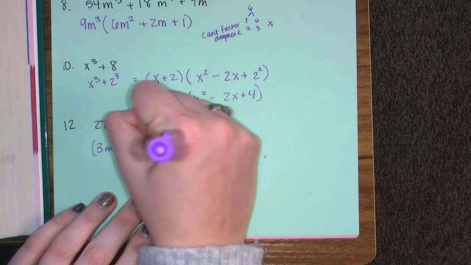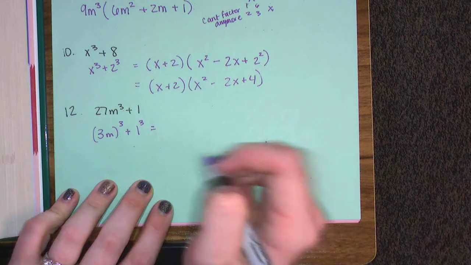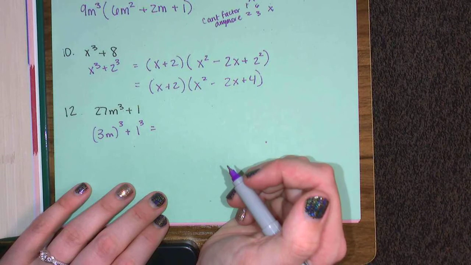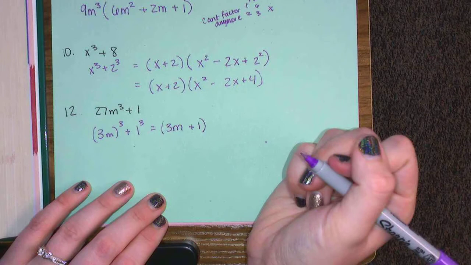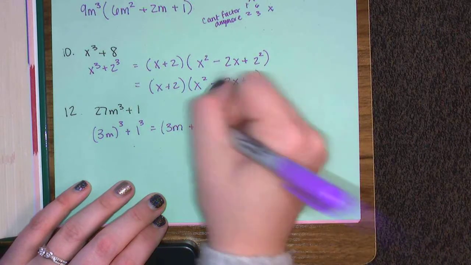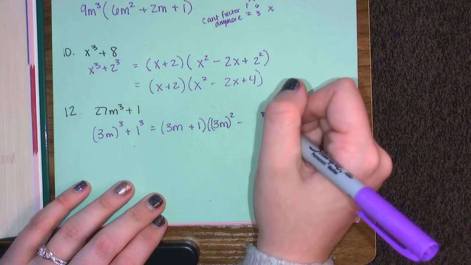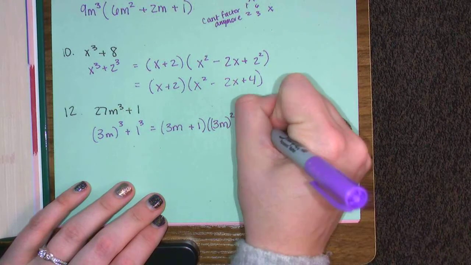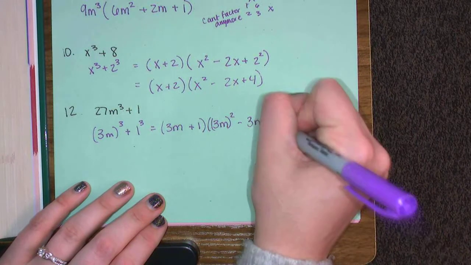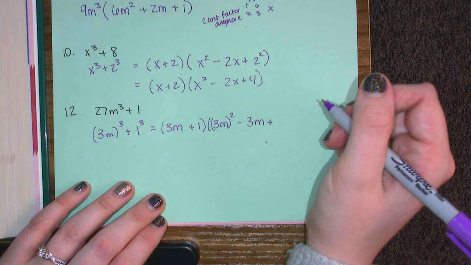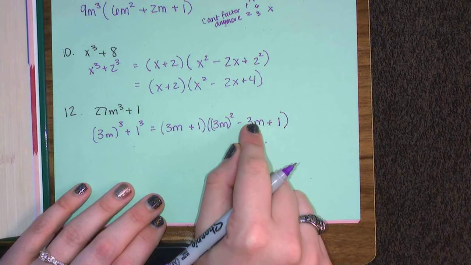Now I need to follow the pattern, so let's see if somebody can walk me through what I need to write down. If it's just a 1, you don't have to write it in there.